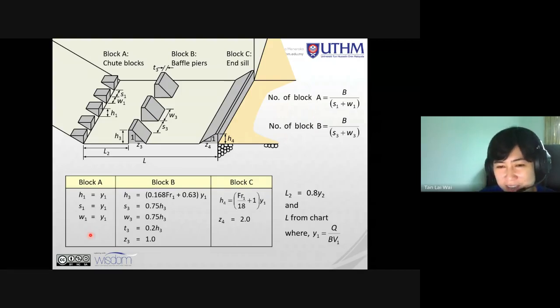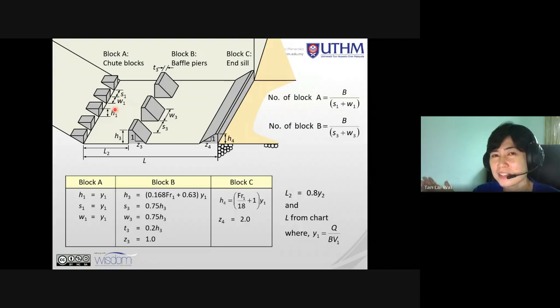Another thing, to get full marks, you need to write out H1 equals S1 equals W1 equals Y1. If you just give me Y1, I don't know what my H1, S1, W1 are. You are the designer. You are giving information to the builder. If you just give Y1, how is the builder going to build these blocks?